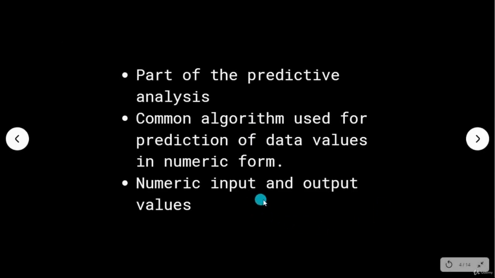Linear regression is a part of predictive analysis and is the common algorithm used for prediction of data values in numeric form. Both the input and output values are supposed to be numeric.